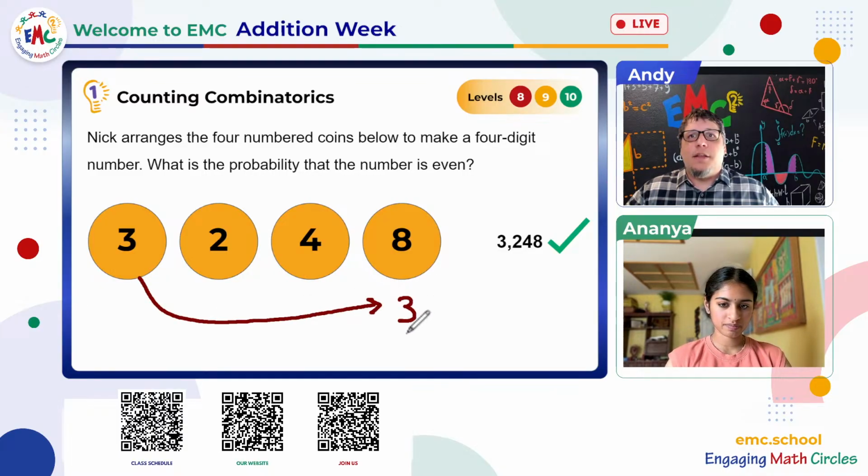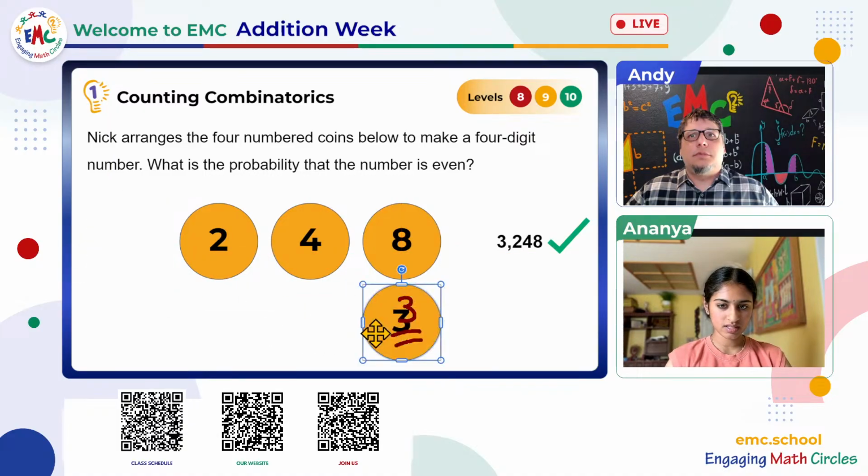So we have to end in a 3. So what about the other digits then? The other digits can be arranged in any way, but as long as it ends in a 3, it's going to be odd. Okay, so then we're just asking how many arrangements are there for the other 3 digits?